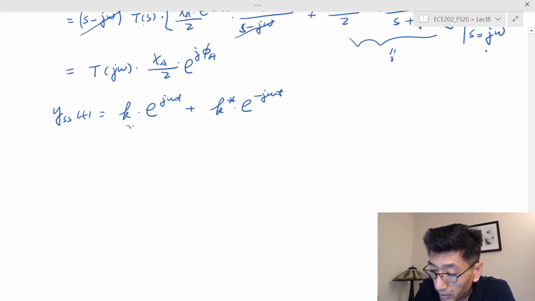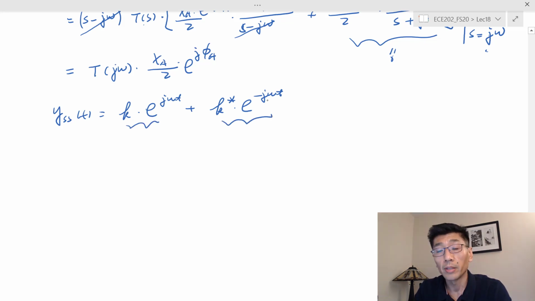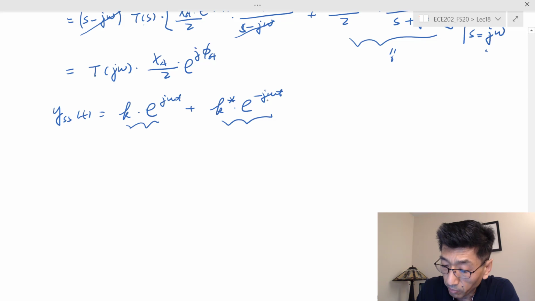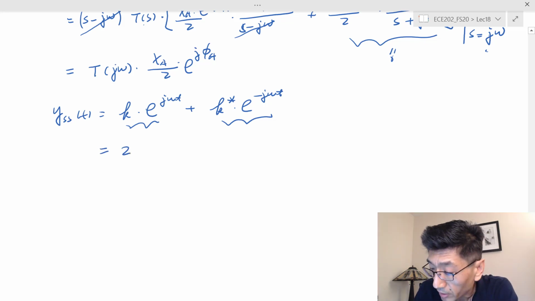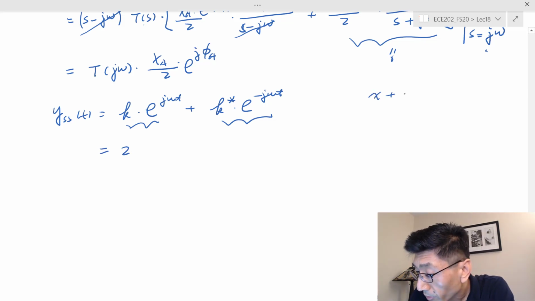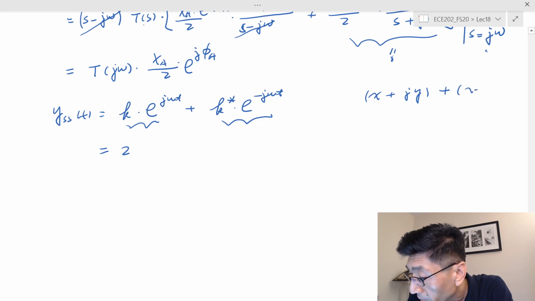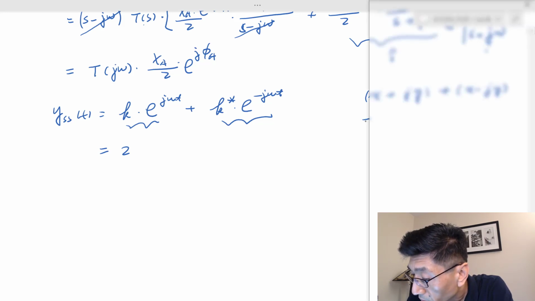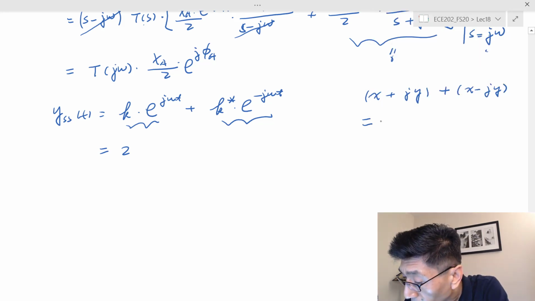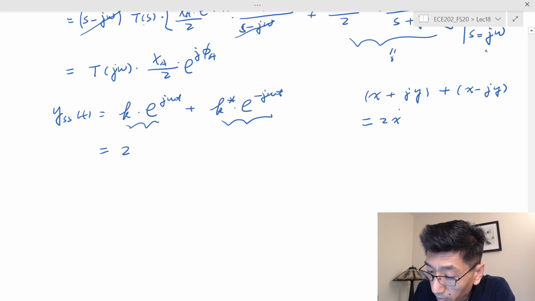And recognize these two are conjugate pairs. So therefore this is going to be equal to 2 times, remember x plus jy, and plus its conjugate term x minus jy, that's equal to 2 times the real part, 2x.